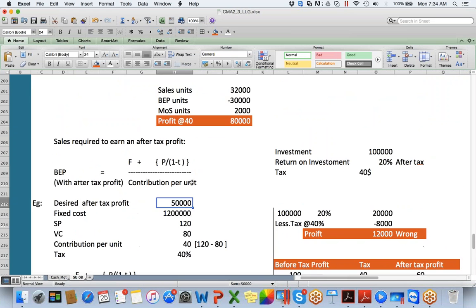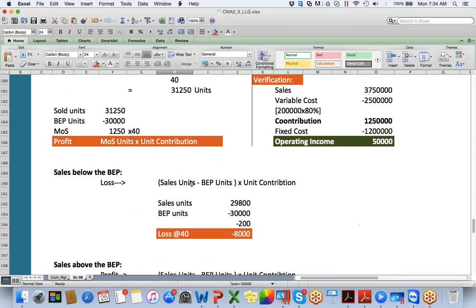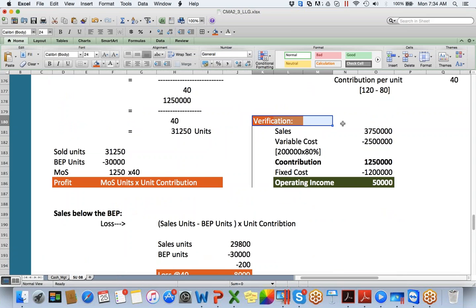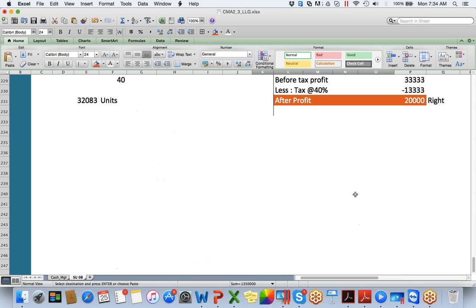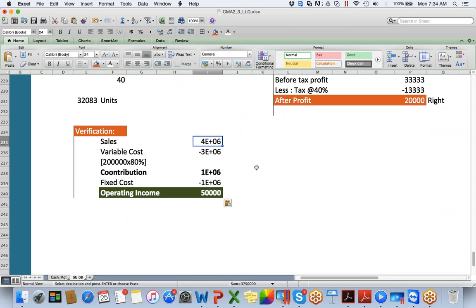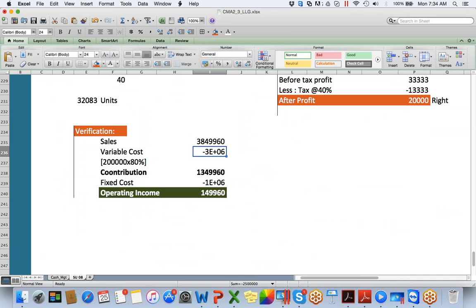What is the proof? Let us do some verification. What is the sale here? Sales are how many units? 32,083 times what is the selling price? 120.